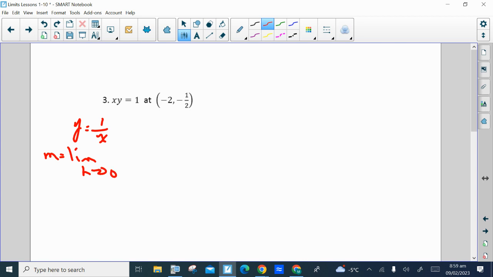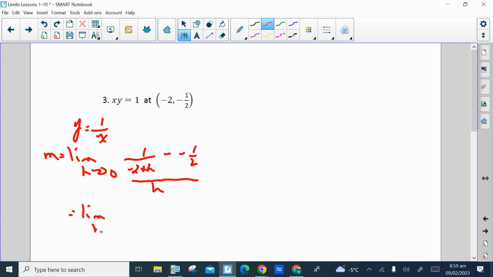And the first part is f at a plus h. So you're going to replace the x with negative 2 plus h minus f at a, which is negative 1/2, all over h.